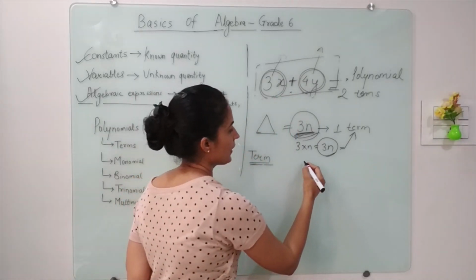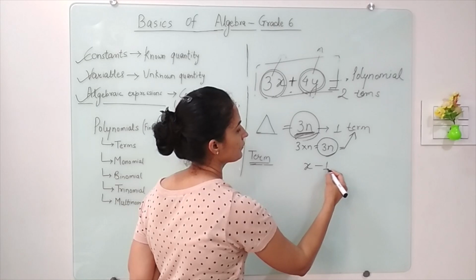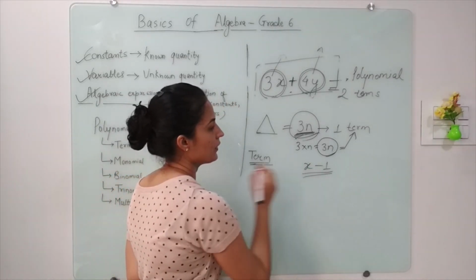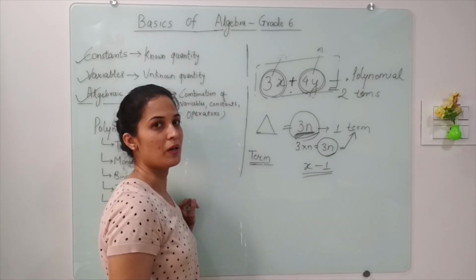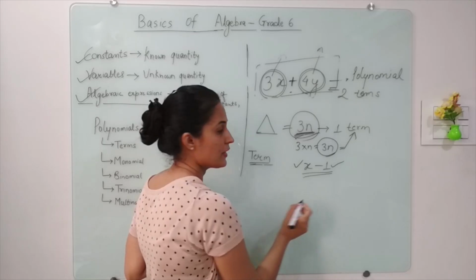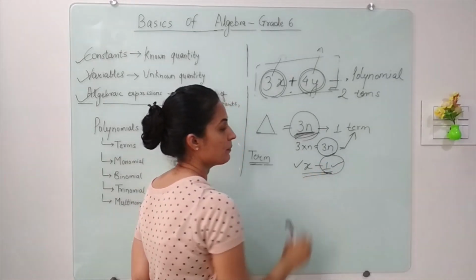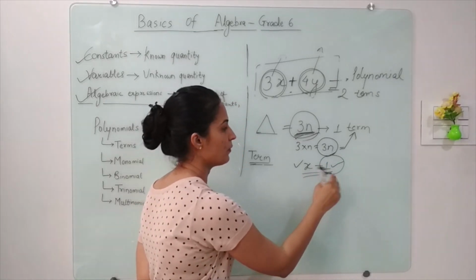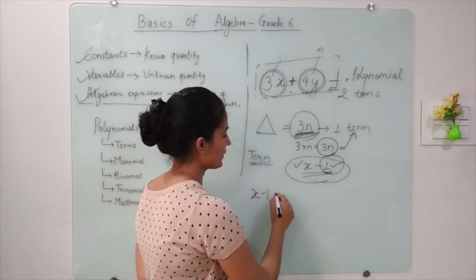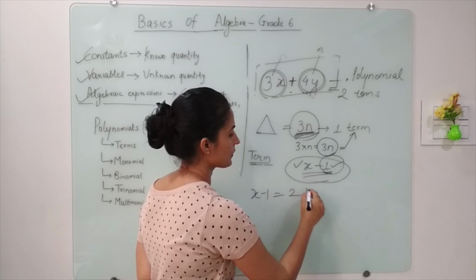If I say x minus 1, this expression is also having two terms. One is this, one is this. This is not having any variable, but still it is acting as a term in this complete expression. So x minus 1 is also having two terms.